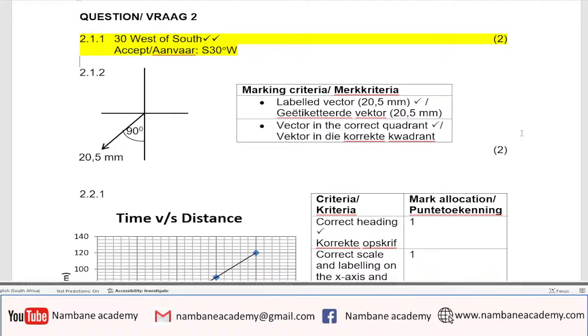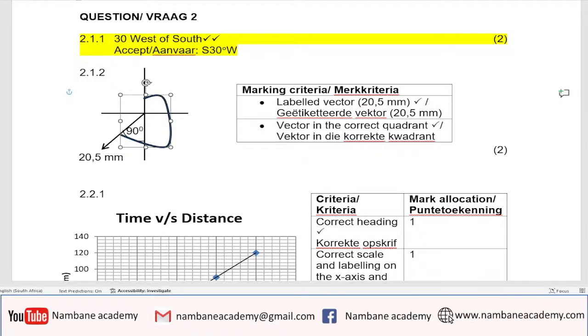I think the only addition is there where it is 90 degrees, it should be 210 starting from the 0. So from the north all the way around to give it 210 there. Then it will be 1 mark awarded for labeling the vector and 1 mark awarded for the vector in the correct quadrant.